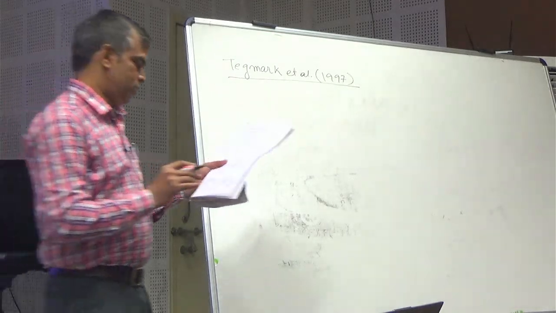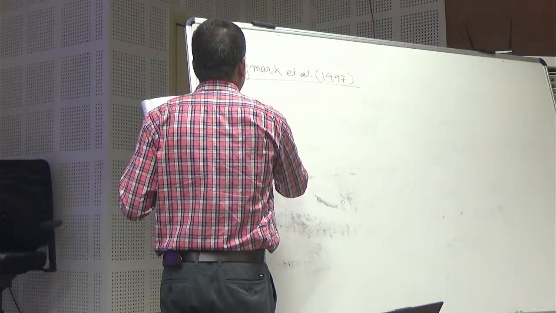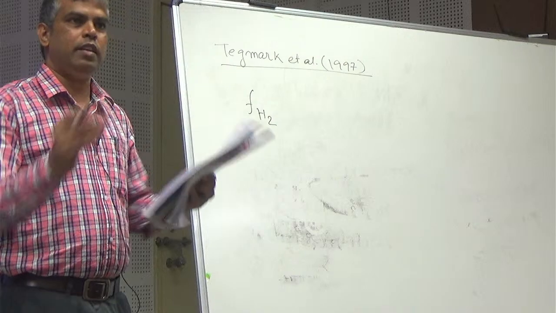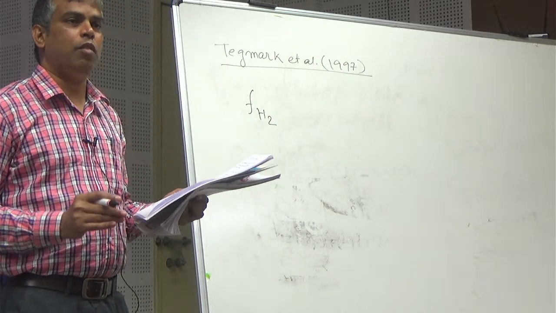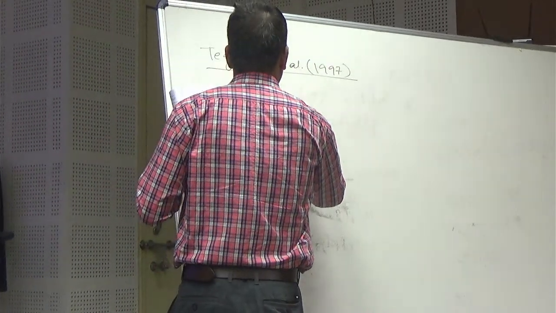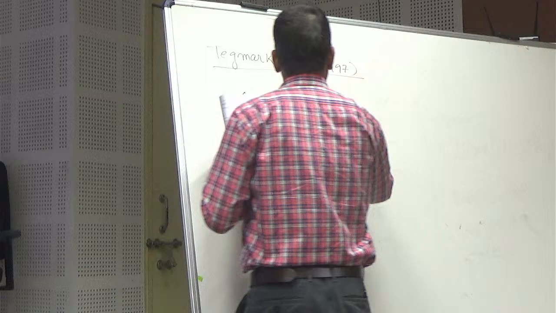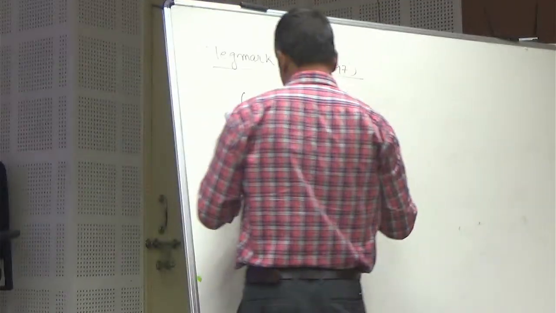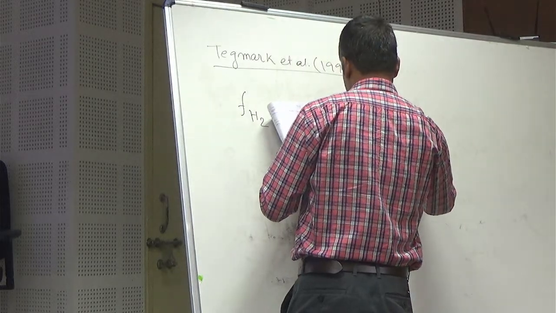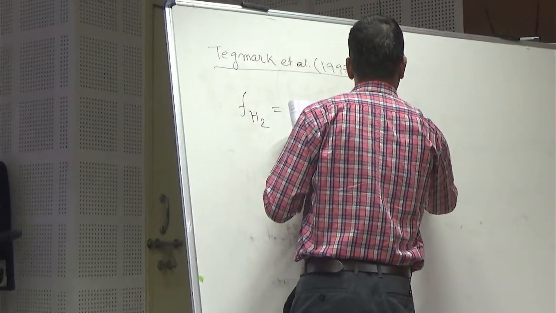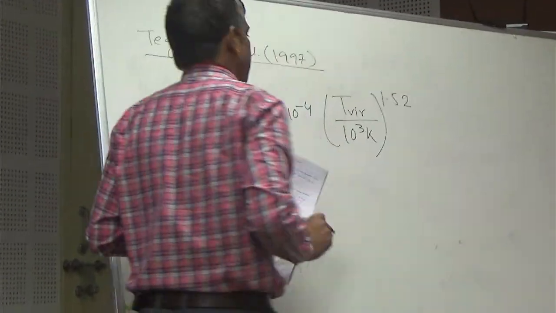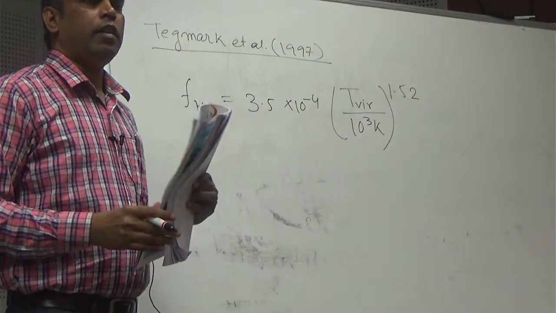The relation is something like this: if f_H2 is the fraction of molecular hydrogen residing in a dark matter halo of mass M, it can be written as 3.5 times 10 to the power minus 4, and so on.